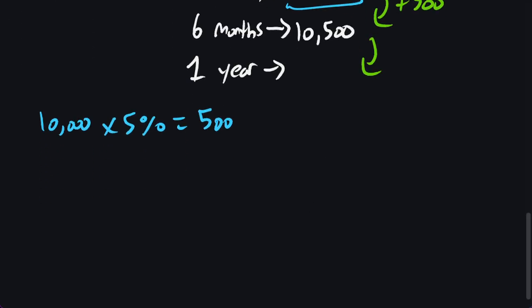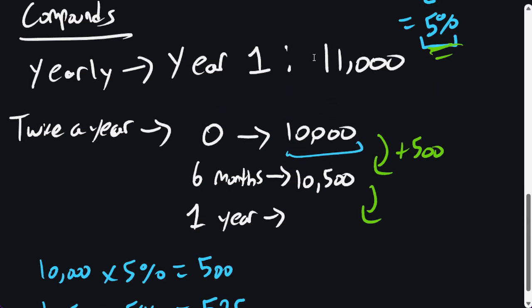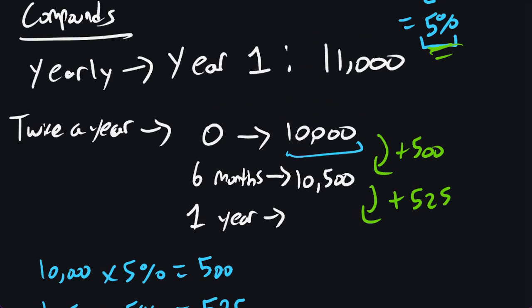So 10,500 times 5% equals 525. So we're going to go up by 525, which means in year one, we'll have 11,025.